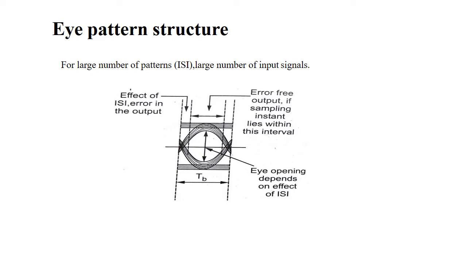The side ends denote errors in the output, and the center part is the error free output. If sampling occurs, then the sampling instant lies within the interval. The time interval will be TB, and the I opening depends on the effect of ISI.